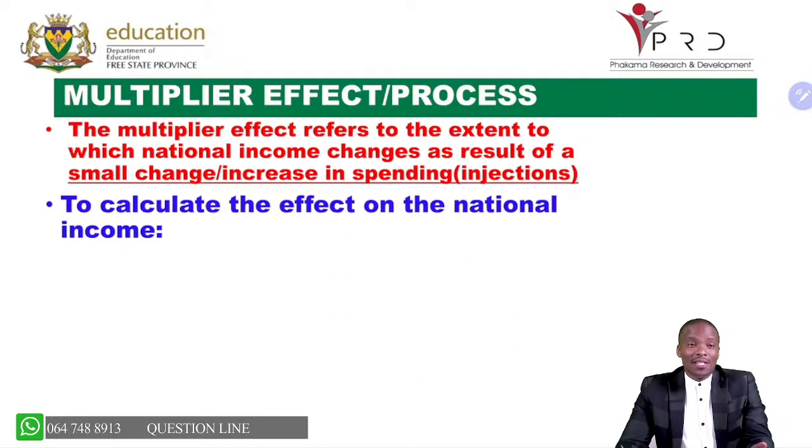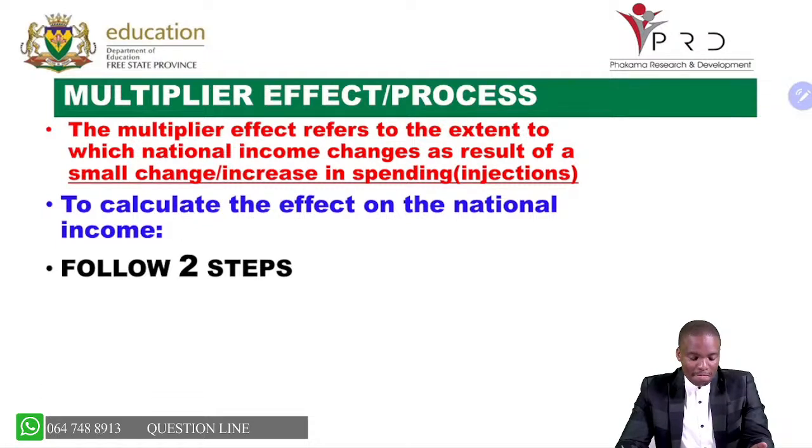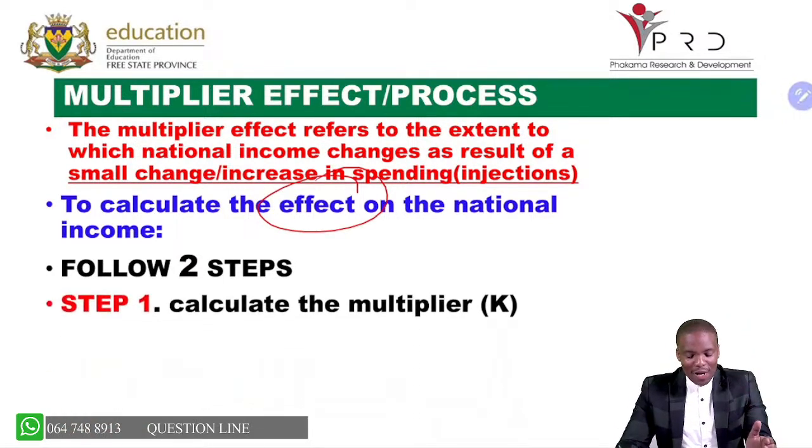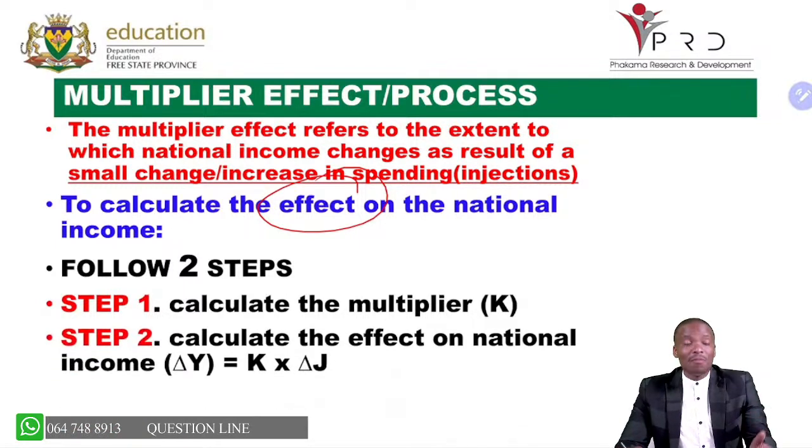As a reminder of what the multiplier process is, we said it refers to the extent to which national income changes as a result of a change or increase in spending and injections. And there are 2 steps that you should follow to calculate the multiplier effect. Not the multiplier, but the multiplier effect. Step number 1, you calculate the multiplier given any formula that you need.